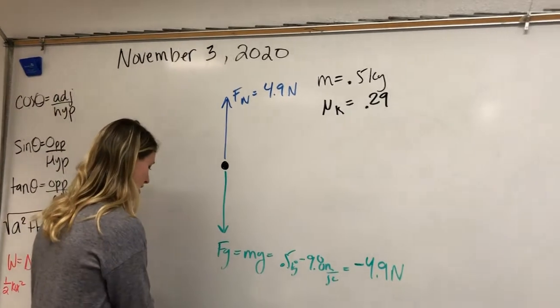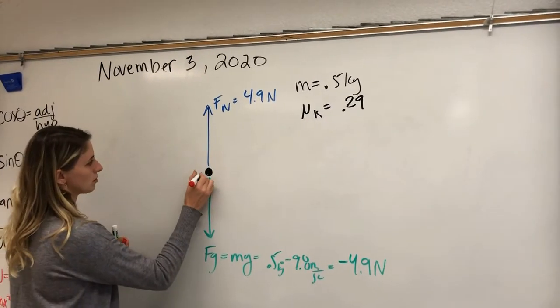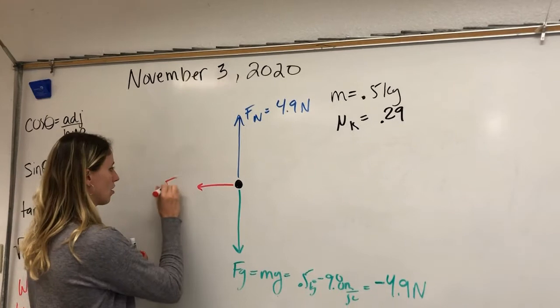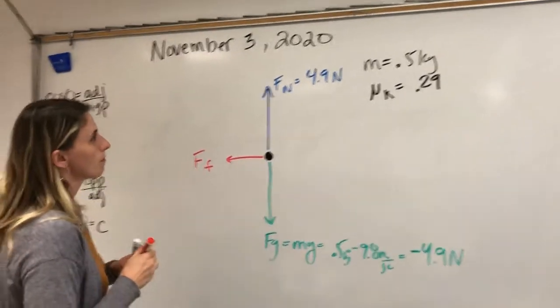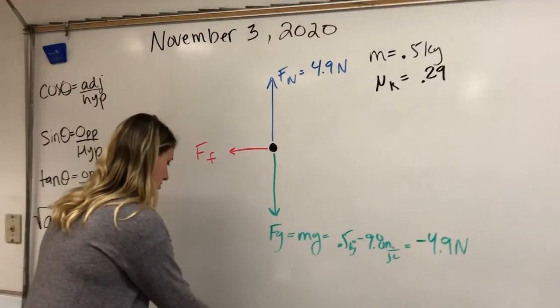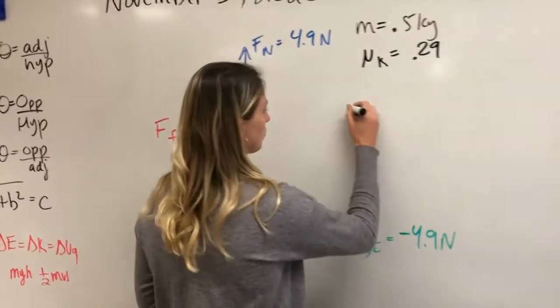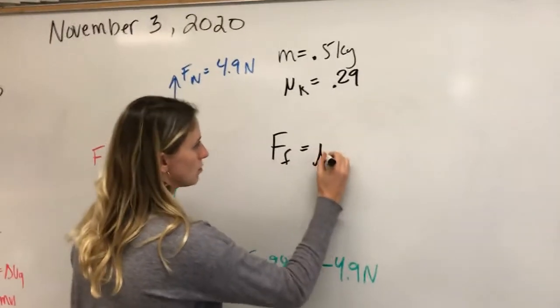Well, we also had a force of friction, right? And we can calculate how much that is if we have the normal force and the coefficient of friction. So let's use our equation. We know the force of friction equals mu times the normal force.